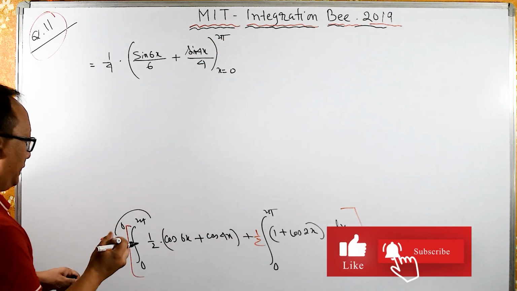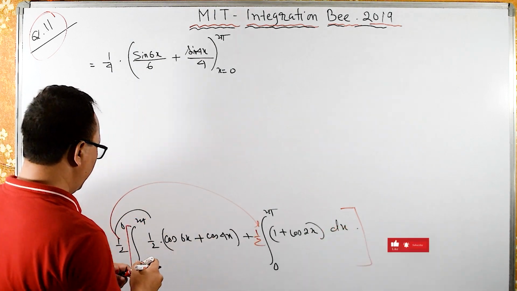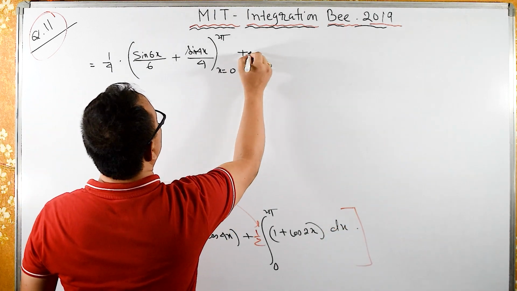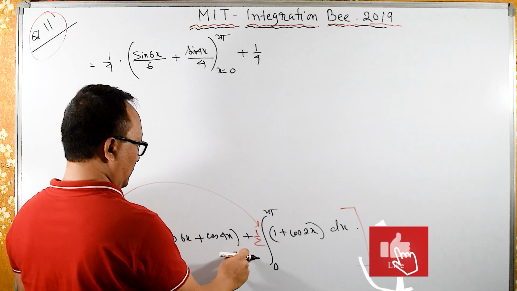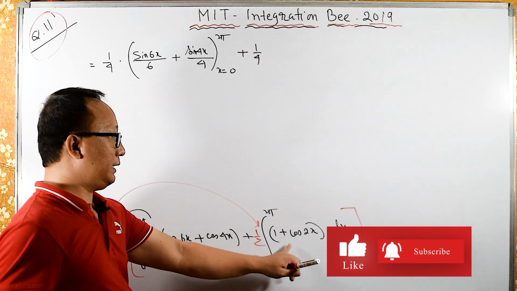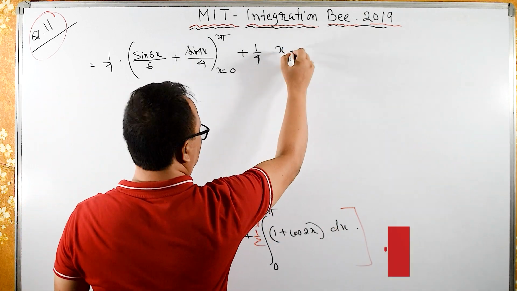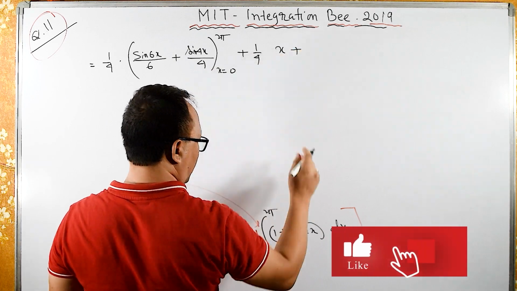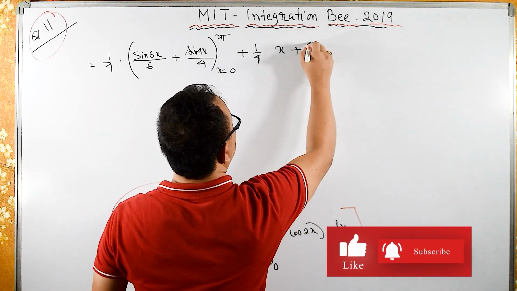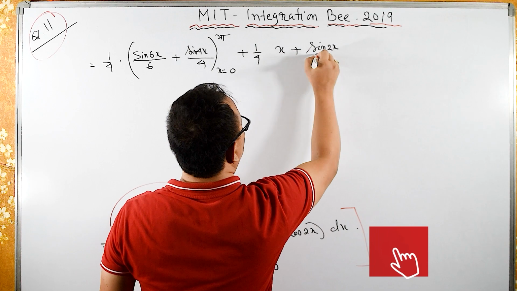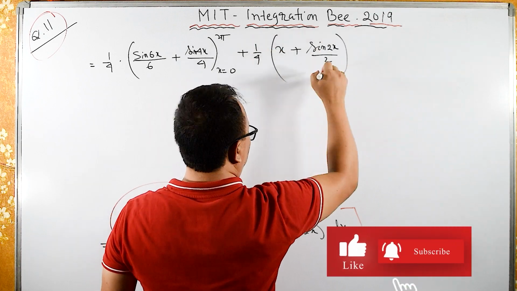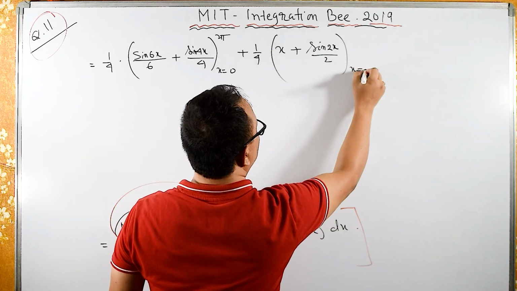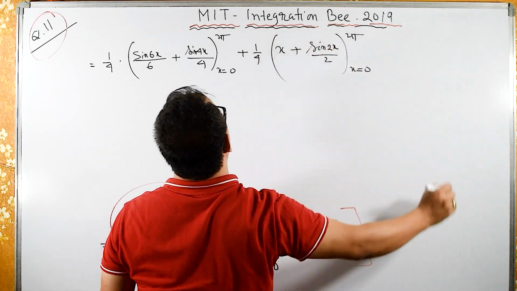Okay, and then this half I will send over here also. It's 1 by 4 plus 1 by 4. So integral of 1 dx is the same as x plus integration of cos 2x is sine of twice x upon 2, and the limit is from x equals 0 to 2 pi.